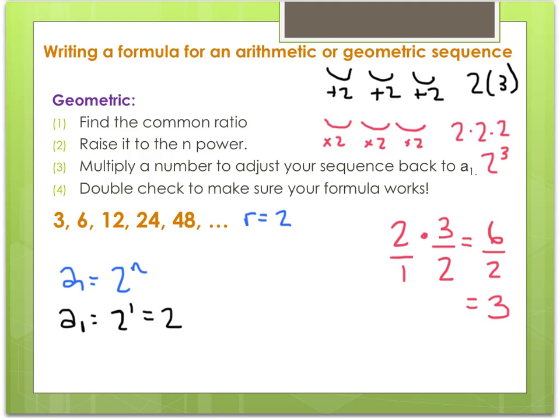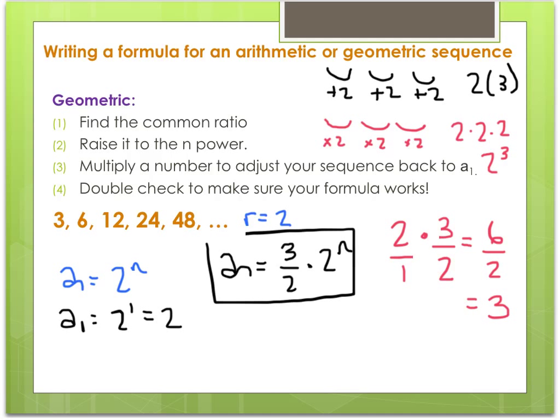So in order to adjust this, I'm going to say a sub n is going to be 3/2 times 2 to the n power, and that is going to be my explicit formula for this geometric sequence. Now you can double check. If I have a sub 2, well, that's 3/2 times 2 to the second power, which is 3/2 times 4, which is 12 over 2, which is indeed 6, and a sub 2 is 6.